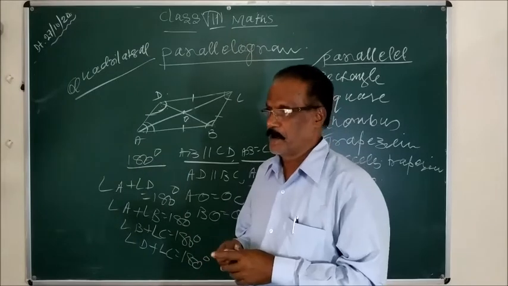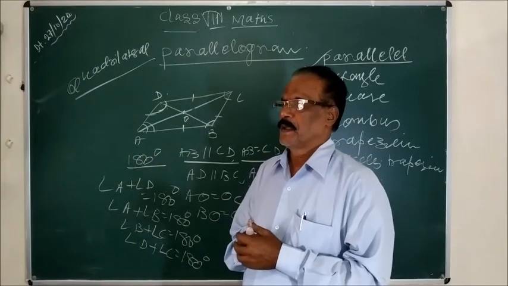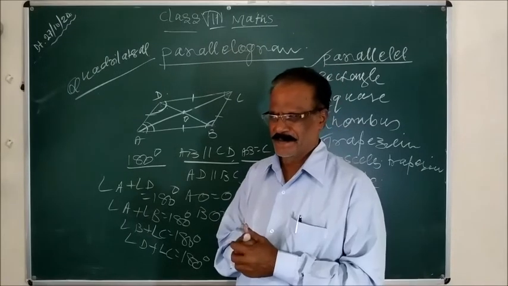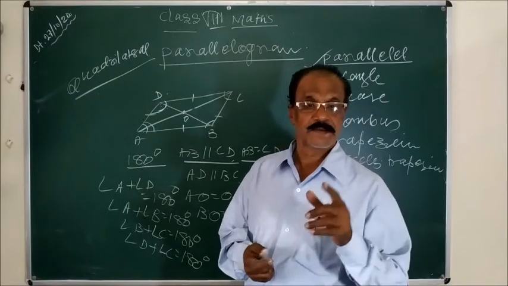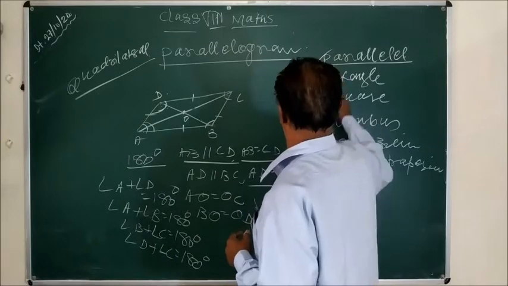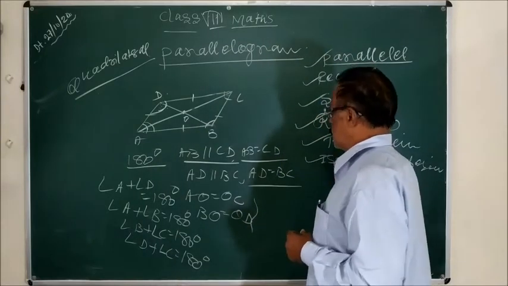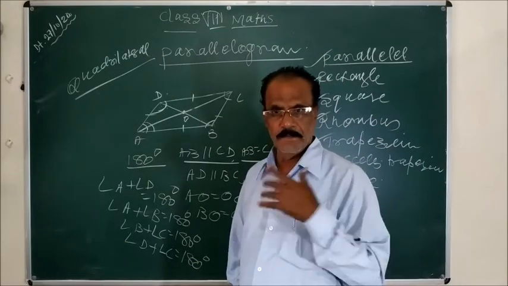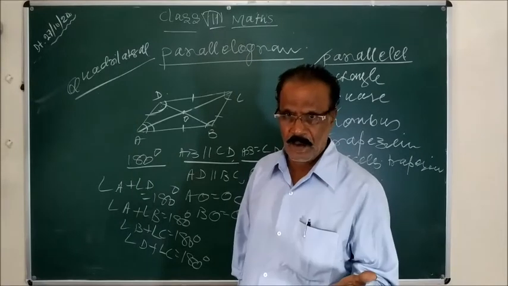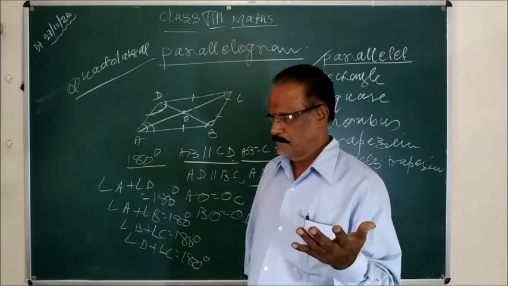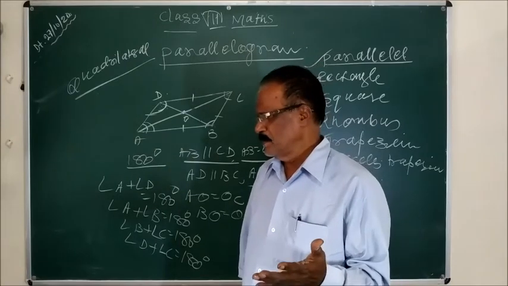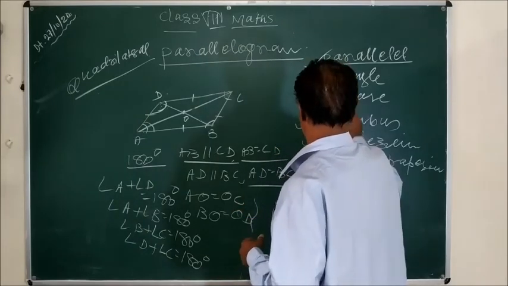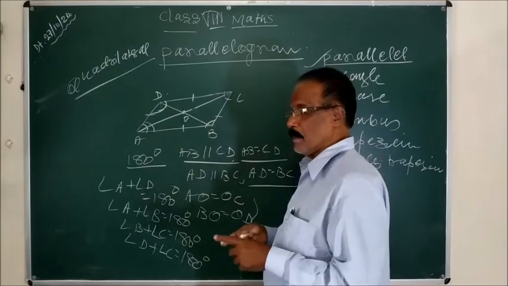What are the properties of a quadrilateral? In quadrilateral, the property was that the sum of the measures of all angles of any quadrilateral is always 360 degrees. Whether it is a simple quadrilateral or a parallelogram or square, rectangle, that property of quadrilateral also holds in all these special kinds of quadrilateral.